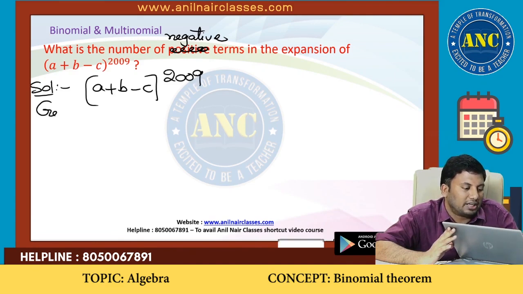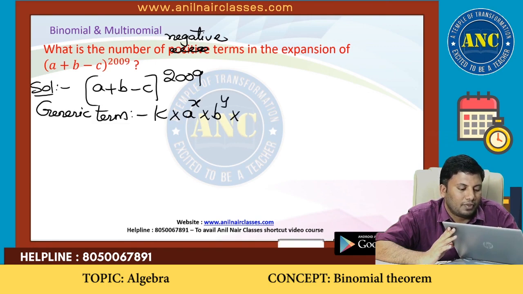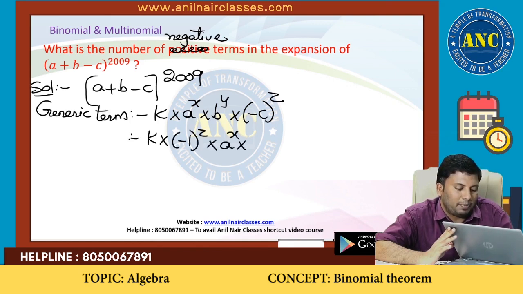The generic term will be k into a power x, b power y and minus c power z, which is k into minus 1 power z into a power x, b power y, c power z.